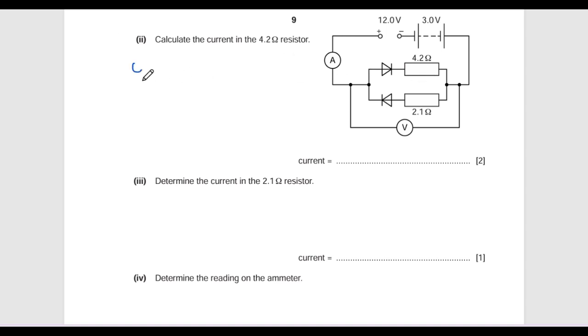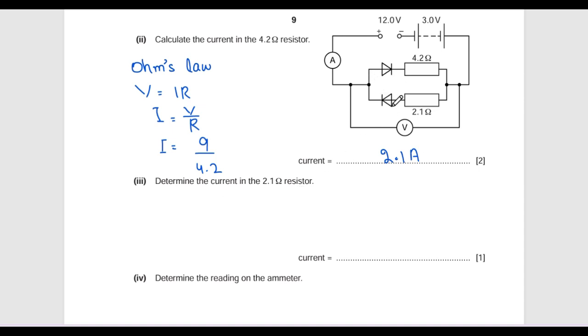So we can use Ohm's law to get the current. Ohm's law states V equals IR, and I would be equal to V divided by R. We have calculated the net voltage, which was 9 volt, and the resistor is 4.2 ohms, and dividing both numbers together will give me 2.1 amperes of the current that this 4.2 ohm resistor receives.